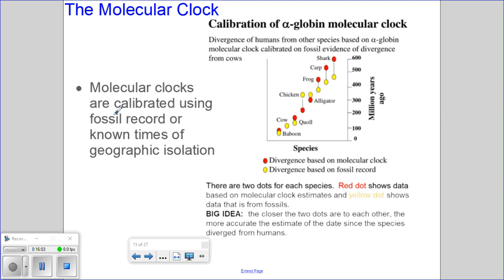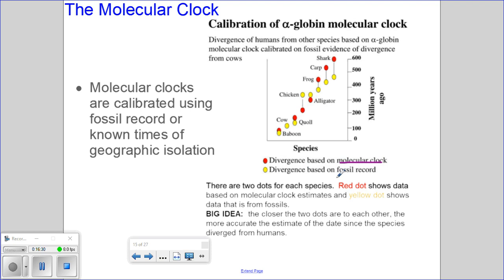So molecular clocks also have to be calibrated, as I mentioned before, and they are calibrated using the fossil record or known times of geographic isolation. This figure shows the calibration of the alpha globin gene, and it shows the divergence based on the molecular clock. These are the red dots when you compare the number of differences between these different species.